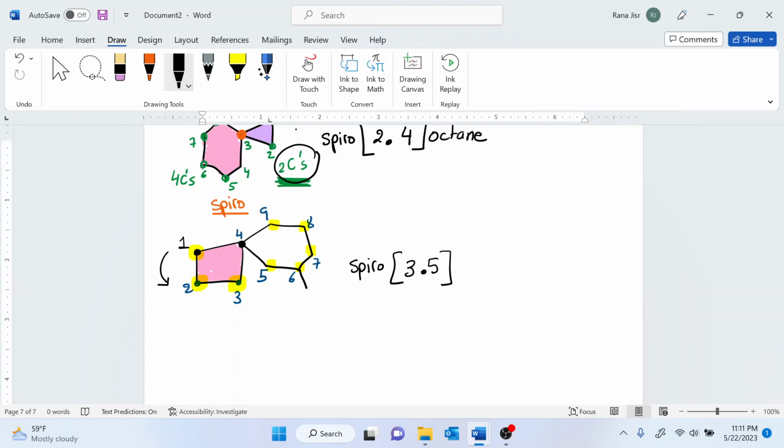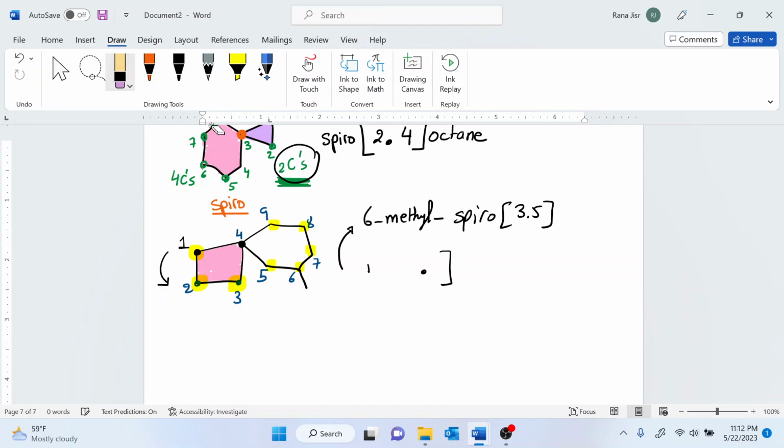And then, of course, I forgot my substituent in there. So before spiro here, please put 6-methyl. It's a dash. And then you have the name spiro[3.5]. Okay. And then the total number of carbons is 9, so it's going to be nonane.